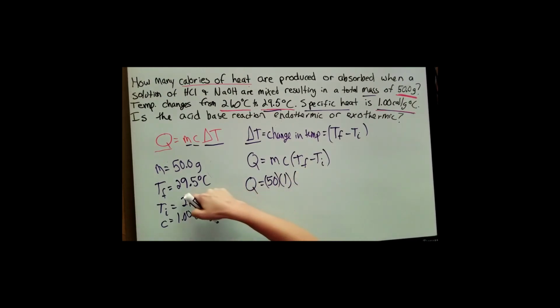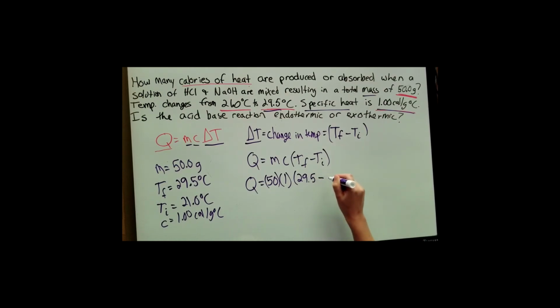My final temperature, we said was 29.5, and the initial was 21. So calculating this, I get 50 times (29.5 minus 21). Make sure you're putting that change in temperature in parentheses so that you're doing the subtraction first before the multiplication. And I get 425.